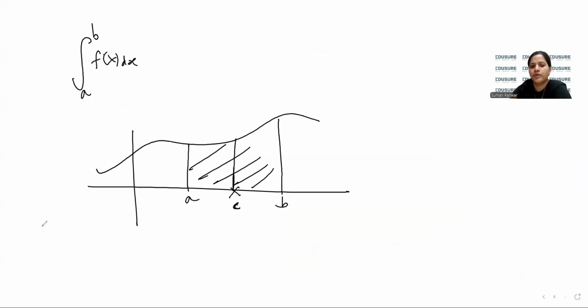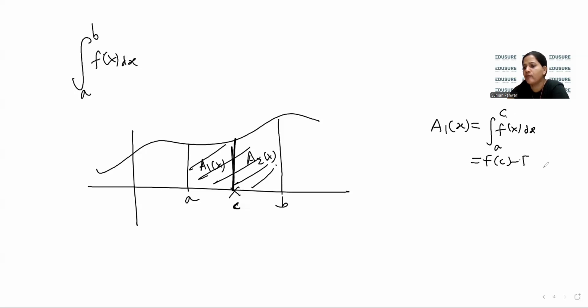So you can write this area as A1 and A2. You can see that A1 is the integral from a to c of f of x dx, which should be capital F of c minus capital F of a. And A2 would be the integral from c to b of f of x dx, which should be capital F of b minus capital F of c.